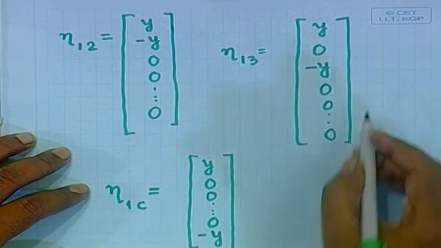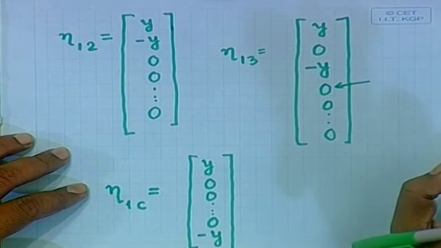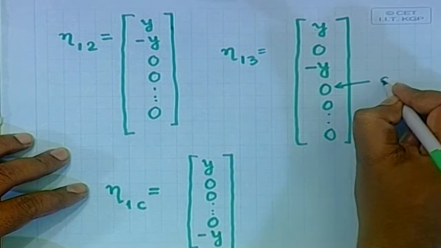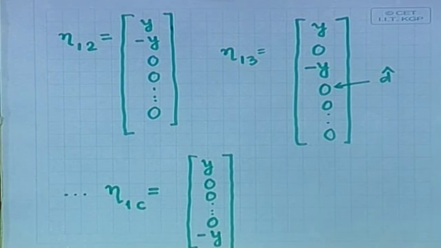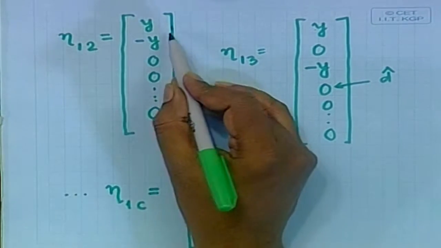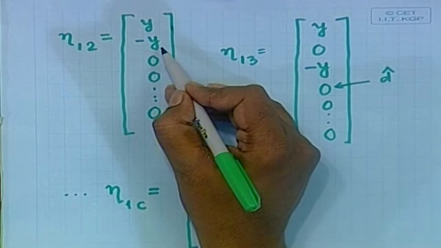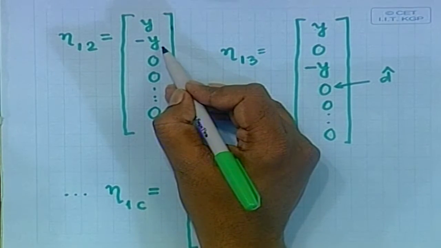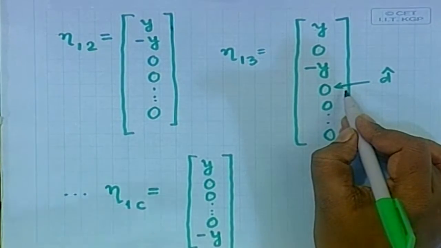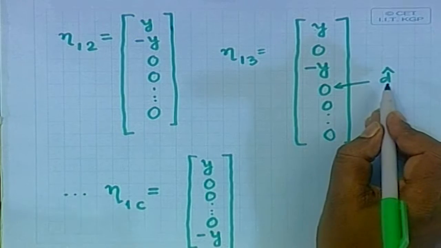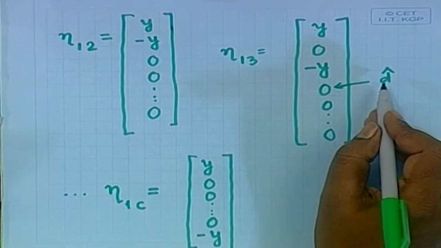Okay. What this 0 actually means is that this is a column vector of dimension d hat. Y is obviously a column vector of dimension d hat. Minus y is also a column vector of dimension d hat. 0 is also a column vector of dimension d hat where every component is equal to 0.